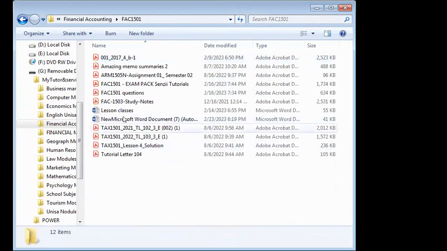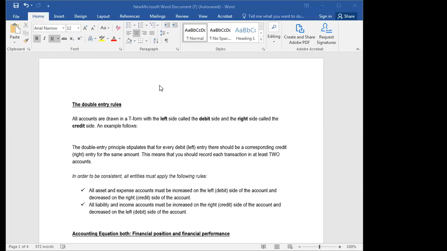1. I'm trying to get a document here. Okay, this is a document. I think everyone can see a Word document that is written as the double entry principle, or double entry rule. If you can't see anything on the screen, you can raise your hand so that I will reload. Let me just reshare the screen because I can see that almost all of us cannot see what is on the screen.